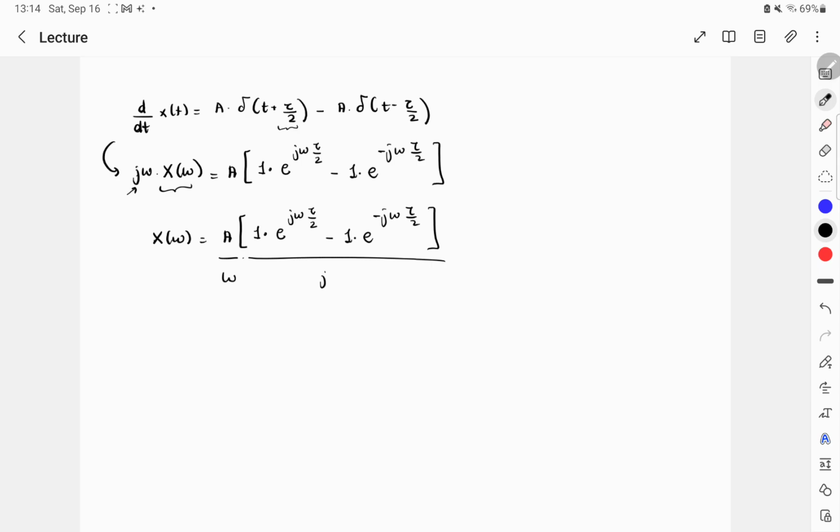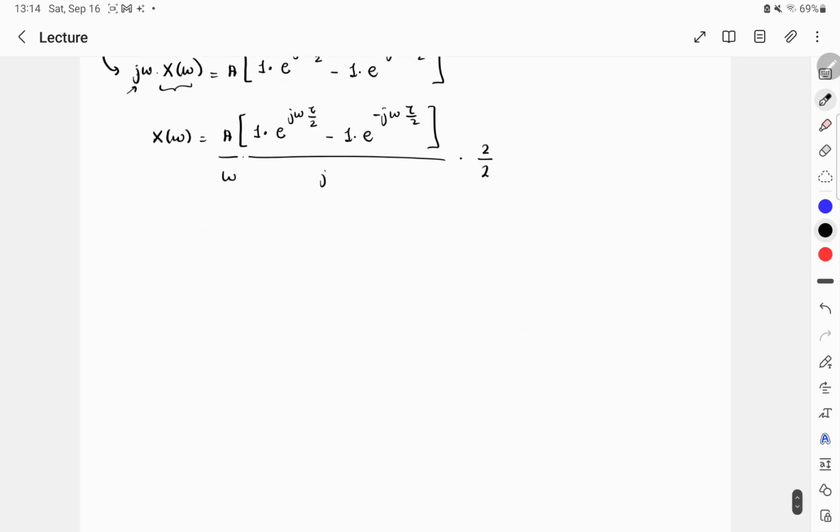Let's assume it's just a trick to show you something. If I multiply by 2 and divide by 2, the expression won't change, as we know, but we can express this value over here as a simplified version, which is sine of omega tau over 2.